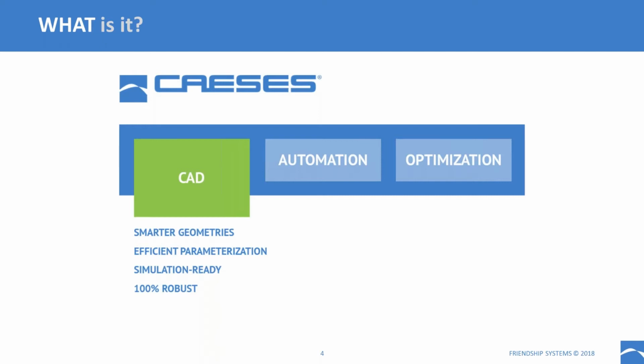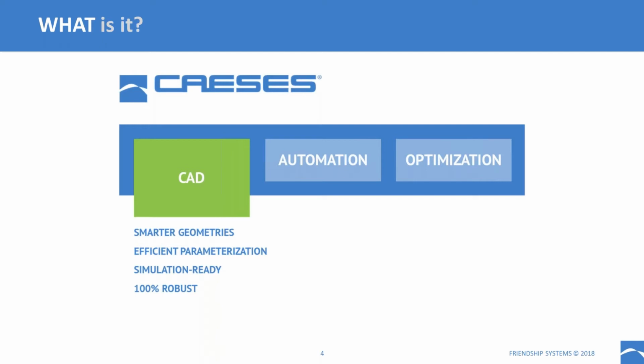We want to build a geometry with an efficient parameterization, which means we want a very flexible model that can be changed very freely, but not using too many parameters, because the more parameters we have, the longer our optimization will take.